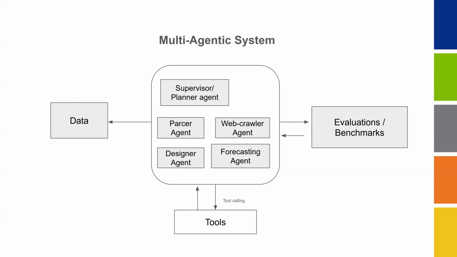We have a parser agent, designer agent, web crawler agent, and forecasting agent. Each of these sub-agents report to the planner agent and accomplish individual tasks. They generate the output of their individual tasks and then hand it off to the supervisor agent. The supervisor agent then collects all the responses and provides the user with an answer.